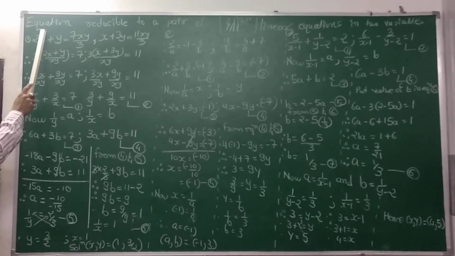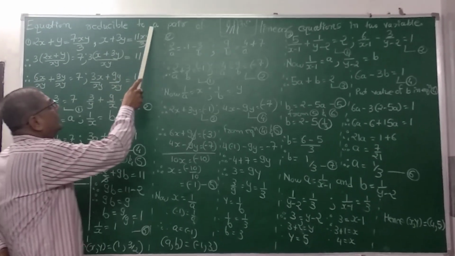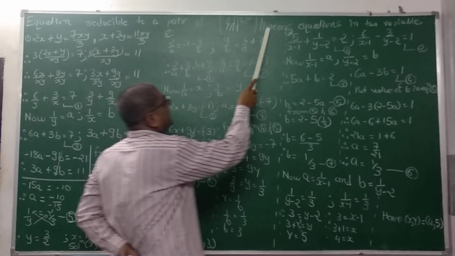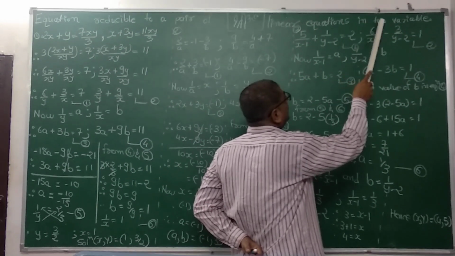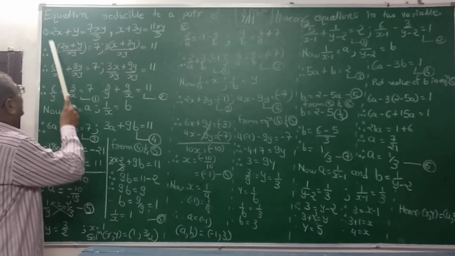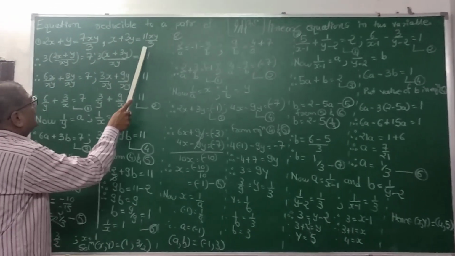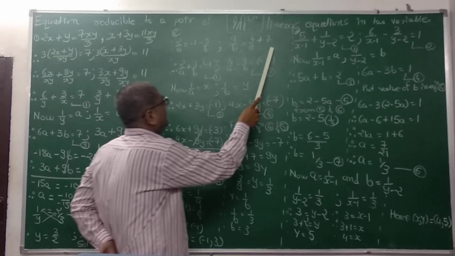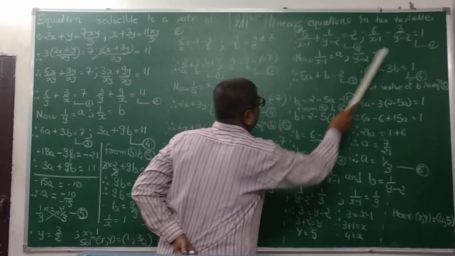We are going to do reduction of equations to a pair of linear equations in two variables. There are three examples: example number 1, example number 2, and example number 3.